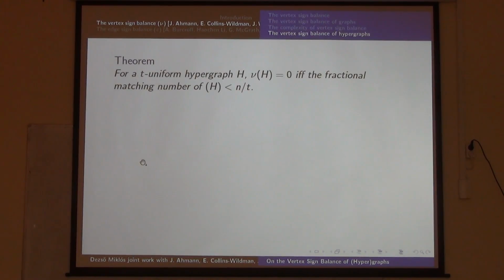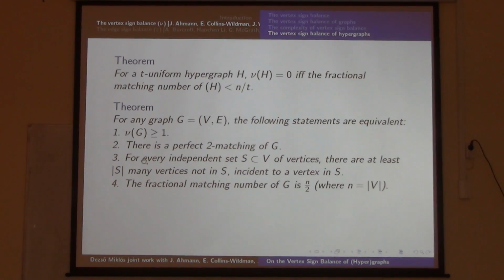And then I have a few words about the vertex sign balance of the hypergraphs. As I mentioned, in general, that is the most interesting question, and it can be defined exactly the same way. You assign weights to the vertices of a hypergraph, the total sum positive, and you want to find the minimum number of positive edges under all possible weight assignments.